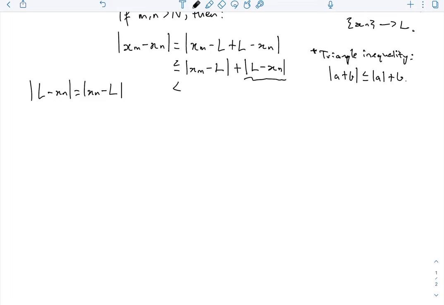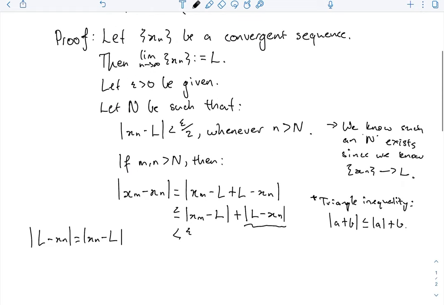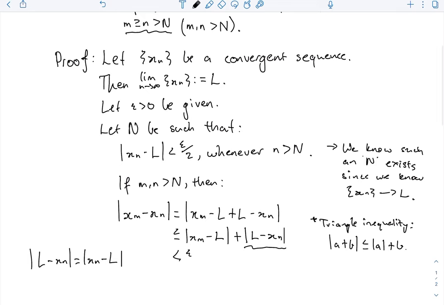So let's have a look at our choice here. We've chosen for the absolute value to be less than epsilon on 2.